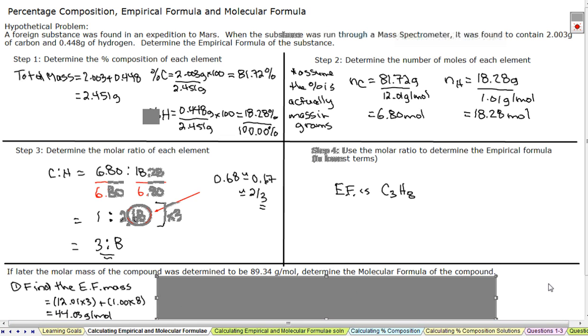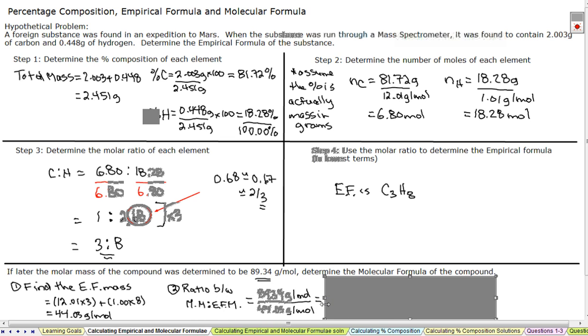And all I do is I look at my empirical formula and I find the molar mass of it. Even though we don't call it molar mass, we'll call it the empirical formula mass. And so 12 times 3, because there's 3 carbon atoms, 1 times 8, because there's 8 hydrogen atoms, I get 44.03 grams per mole. Next, I compare that as a ratio between my empirical formula mass and my molar mass.